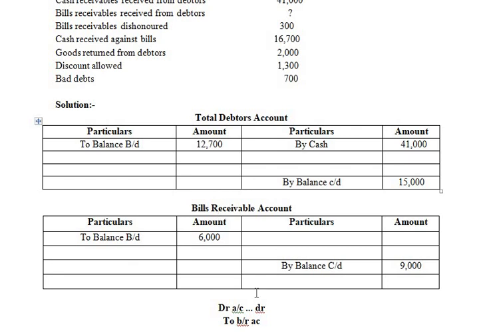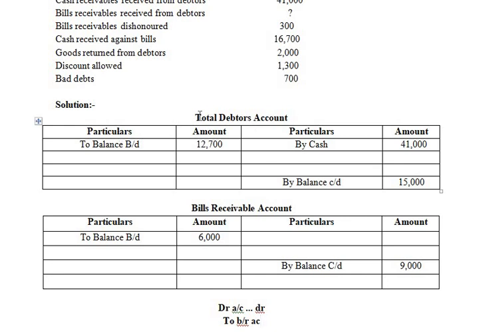When the bills are being dishonored, debtors account is debited to bills receivable account. I am passing an entry for the bills receivable dishonored, which is 300.